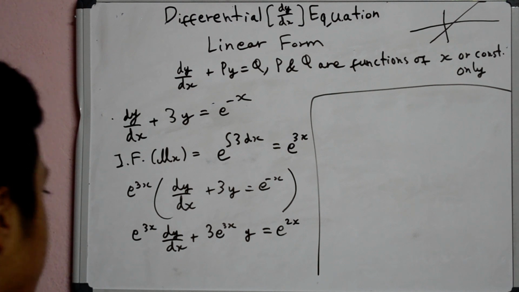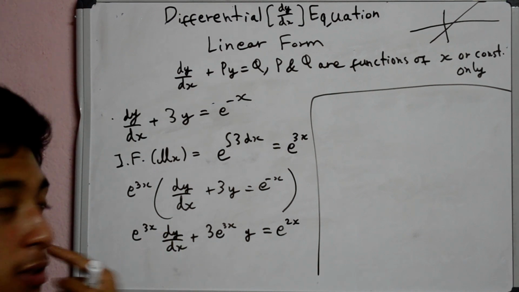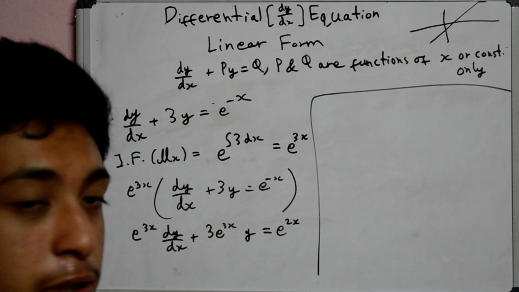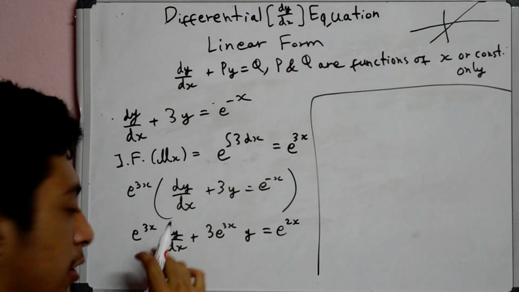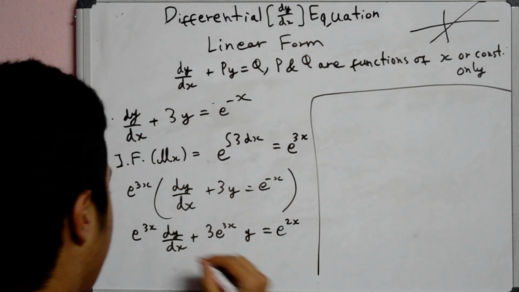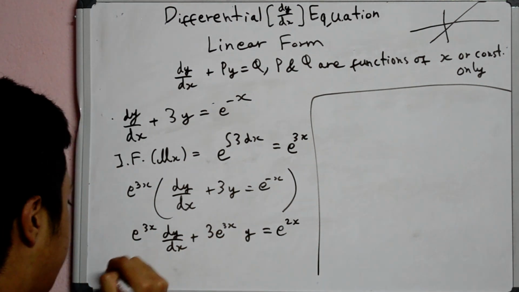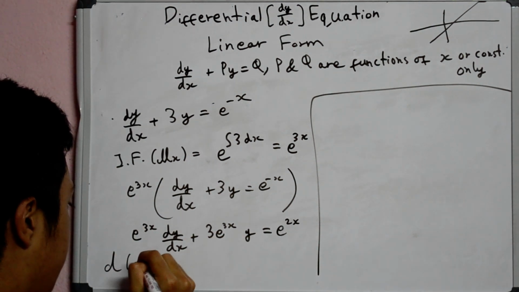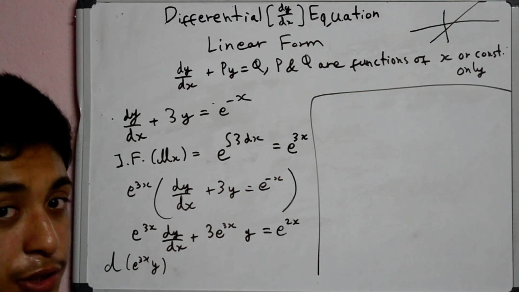Now we have e to the power 3x dy by dx. Like I said in the previous video, it's always good to check the derivative of the function of x, y. So here we have the derivative of e to the power 3x times y. Let's check that.